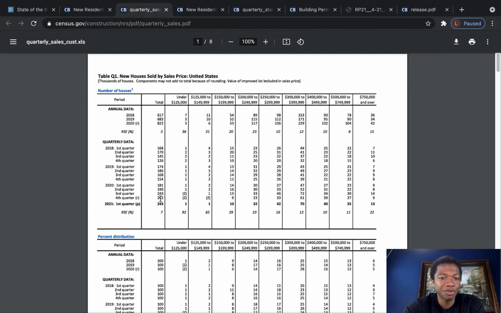And if we look at the fourth quarter of 2020, it was 202, and now 243. So the sale of newly constructed homes is definitely on the rise. And again, that is certainly an indication of a strong and growing real estate market.